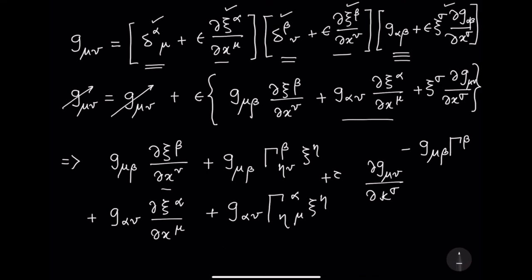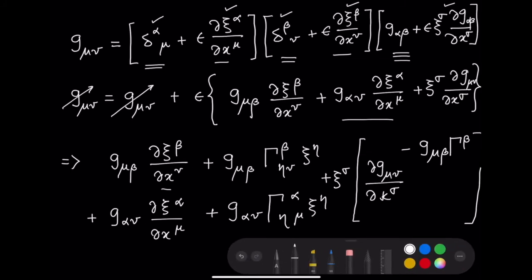What I want is, I want to write it a little away such that I can put a bracket here. I'll see why I put a bracket. You see, the term I'm going to write down here is g mu beta Christoffel beta eta nu and xi eta. Eta is a dummy index, so I could have used sigma for that. So I want to use sigma here.